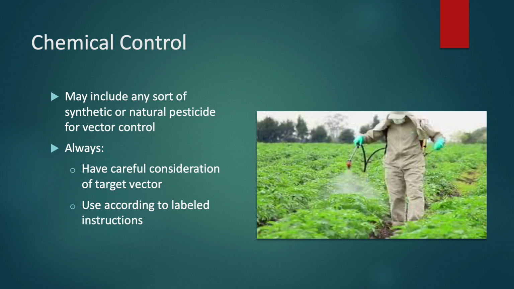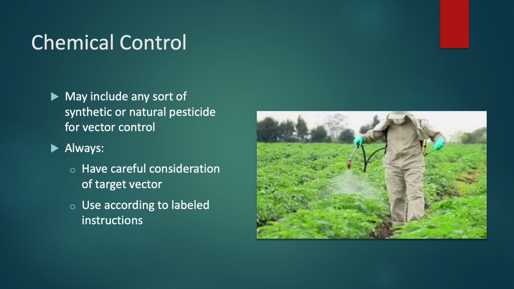Because of this, they should be used after careful consideration of the target vector, and they should always be used according to the label instructions. This is because you also want to have in mind how it can affect the biodiversity of where you are using them. All of these categories you want to look at when designing an integrated vector management program. The more you're aware of this, the more effective your approach may be.